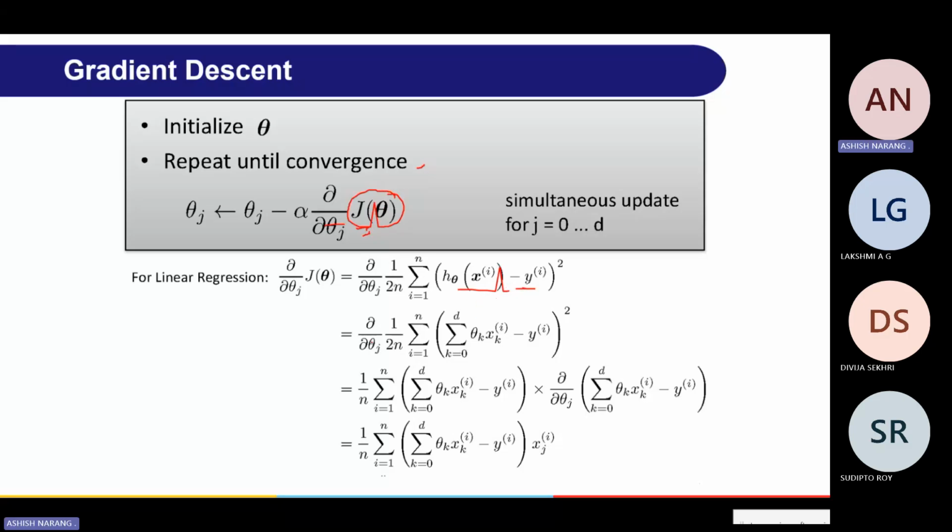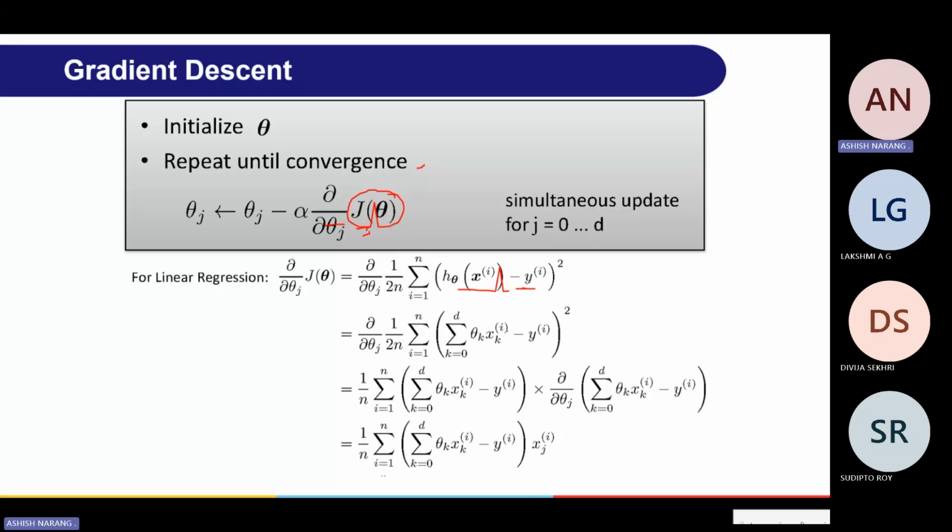Now, when it comes to this theta, when you solve this particular equation, summation i is equal to 1 to n, k is equal to 0 to d, theta k xik. So basically, these are the features that we are taking.